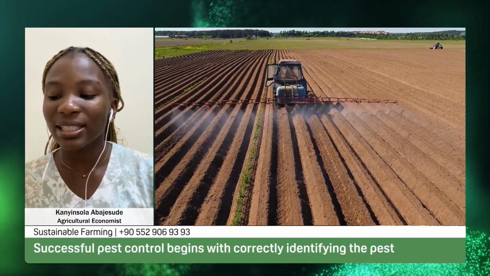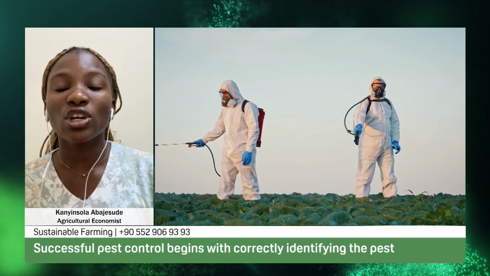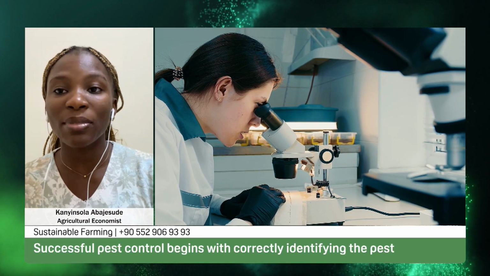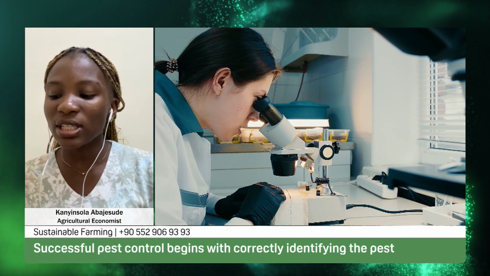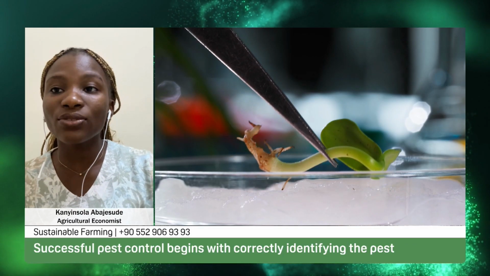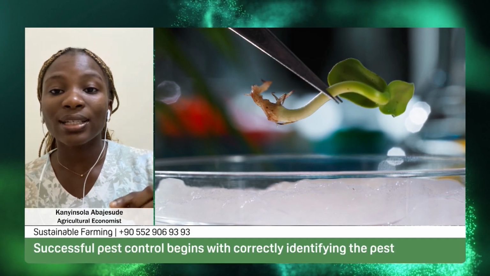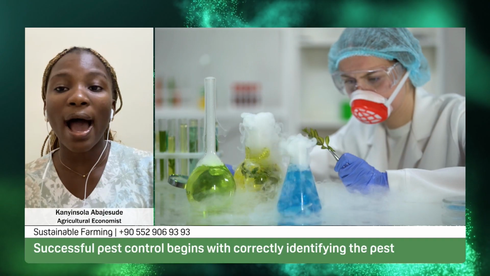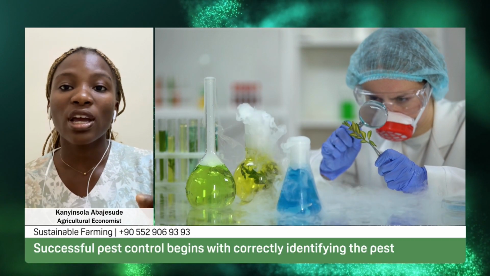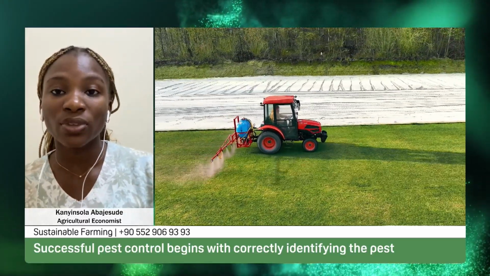The first one on my list is observe the damage. Look carefully at the damage that is being done. Is there a hole? Are there weeds? Are the leaves eaten? You have to study the damage because some pests have their own signature.